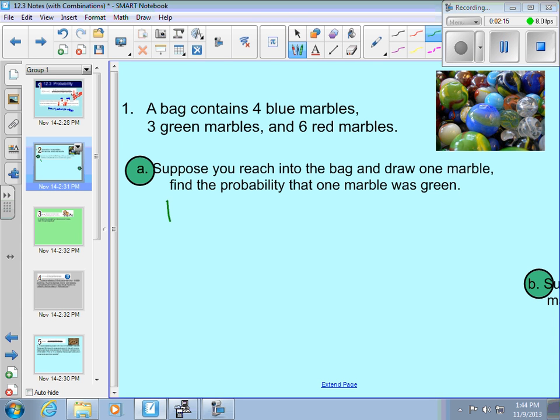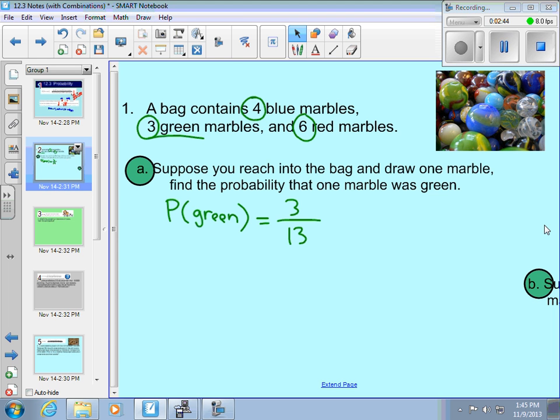So our probability is going to be the number of successes. Here our success would be drawing a green marble, which we have 3, over the total number. To find the total, we have to figure out how many total marbles are in this bag, and doing some adding up, we can see it's 13. So we have a 3 out of 13 chance.